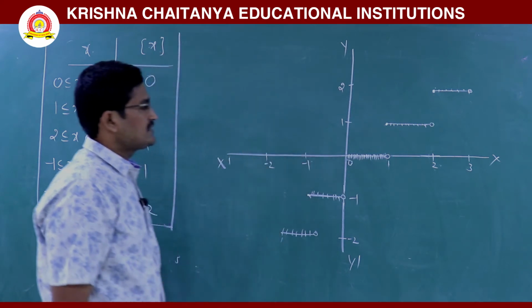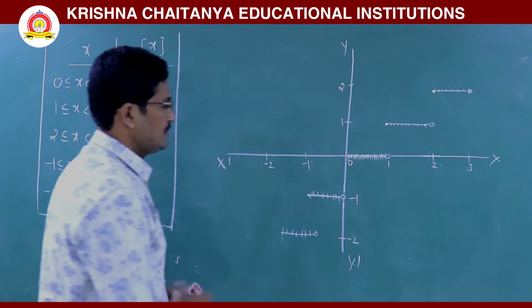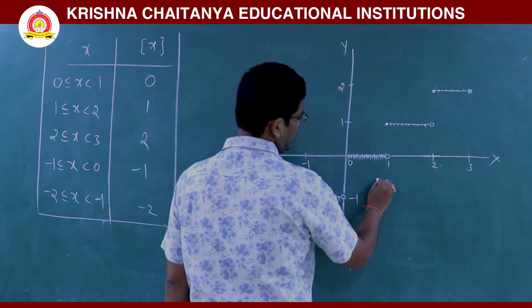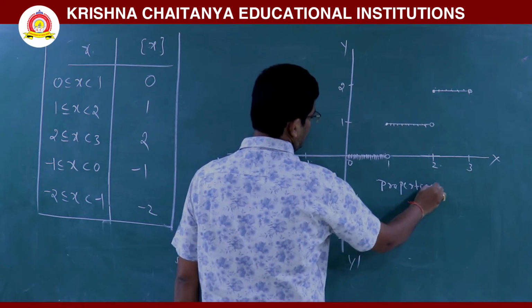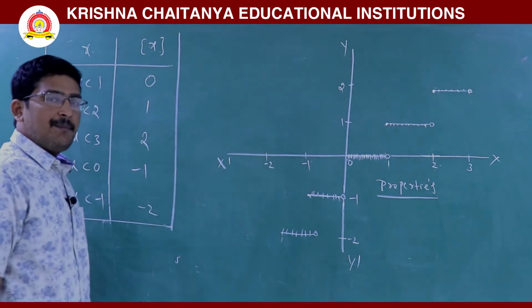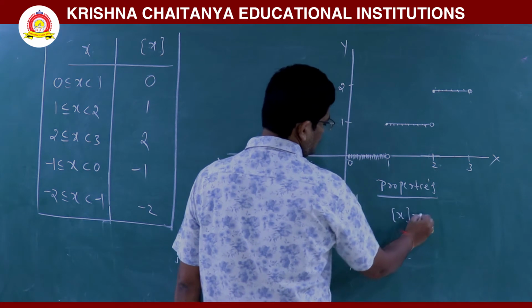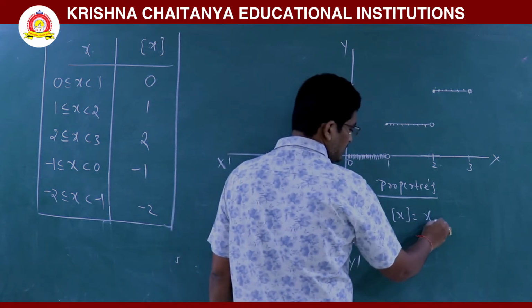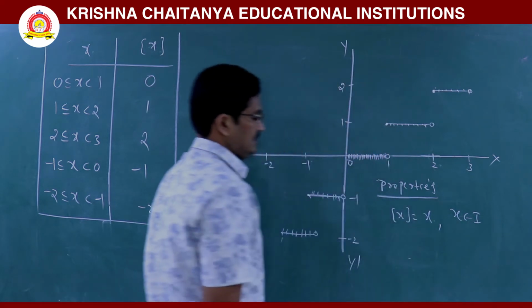What are the properties of the step function? Let's discuss now. I am writing here: properties of step x. Step x equals x when x is an integer, where I denotes integers.